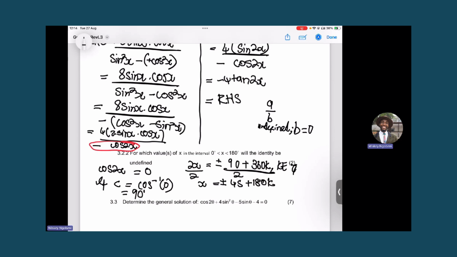However, in this case, they gave you a restriction, which means you are looking for specific solutions. So you're going to substitute different values of k to find answers in the interval of 0 to 180. If we substitute k with 0, we get 45.